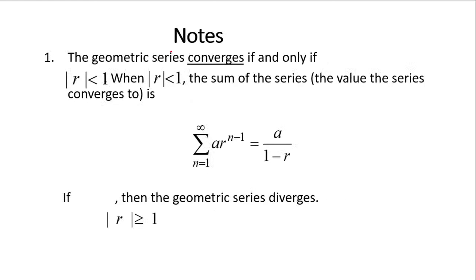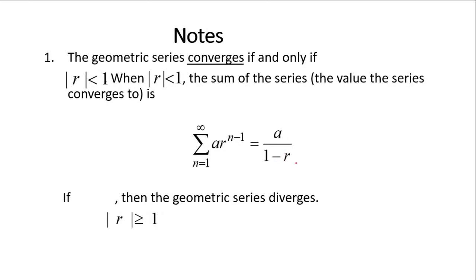Note this: the geometric series converges if and only if the absolute value of r is less than 1. When you solve and r is less than 1, it will converge. Let me say it again: when r is less than 1, it converges. The sum of the series is a over 1 minus r, where r is less than 1.